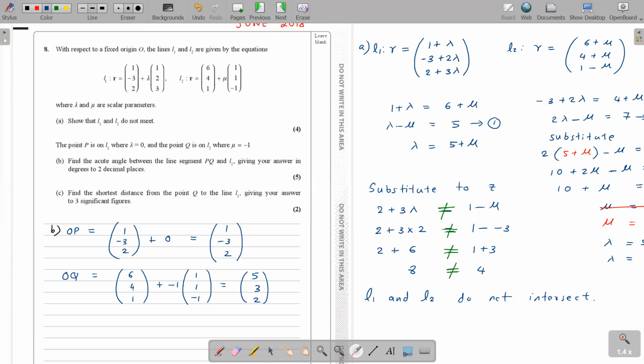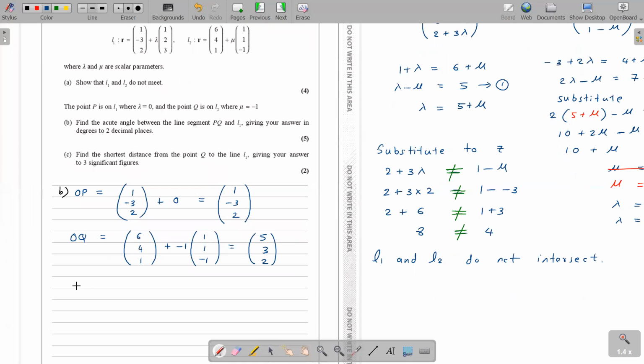Okay, so then what do we do now? The next thing they ask you to do is find the acute angle between the line segment PQ and line 1. The first thing is what? Get the vector PQ. How do you get the vector PQ? PQ is Q minus P. PQ is OQ minus OP. So OQ is (5, 3, 2), minus P, which is (1, -3, 2).